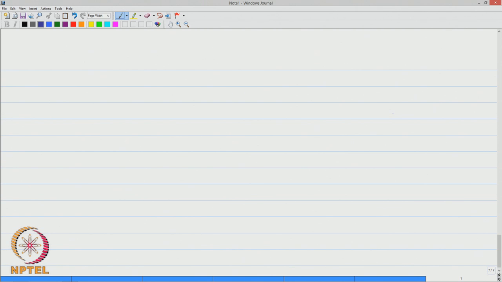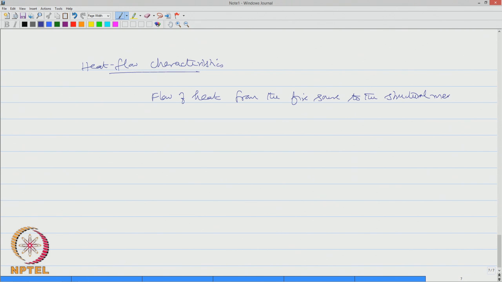Let us now talk about some of the heat flow characteristics which are important to ascertain the design approach. Flow of heat from the fire source to the structural member is calculated in different ways.